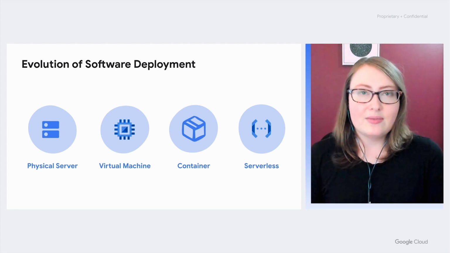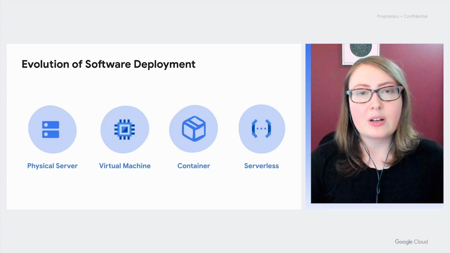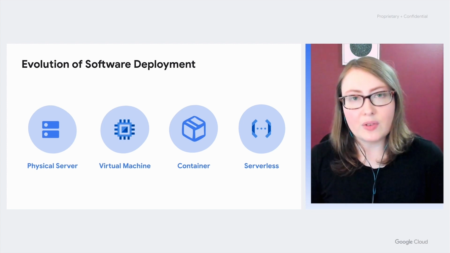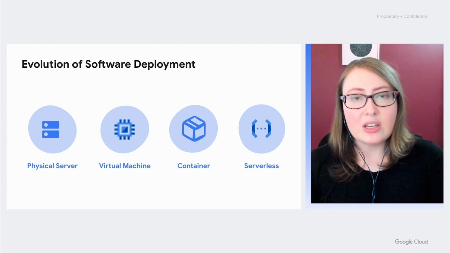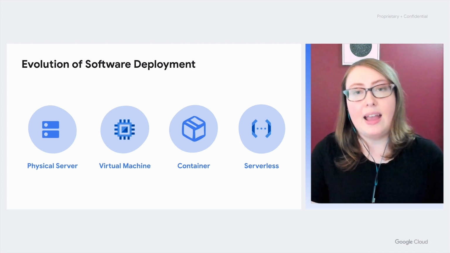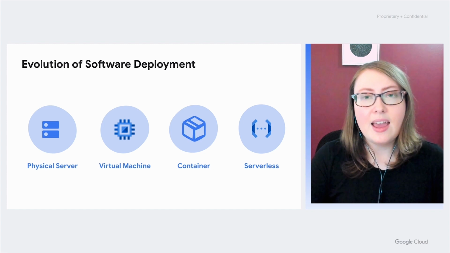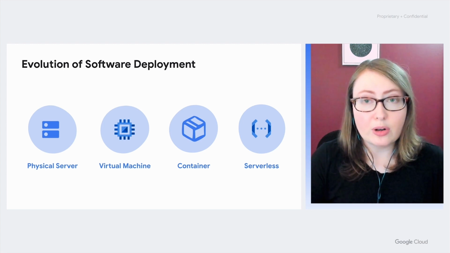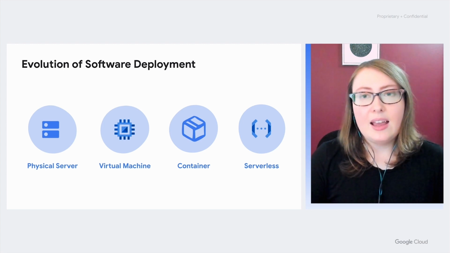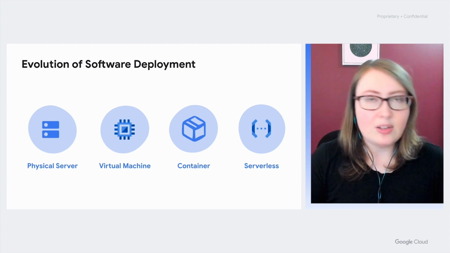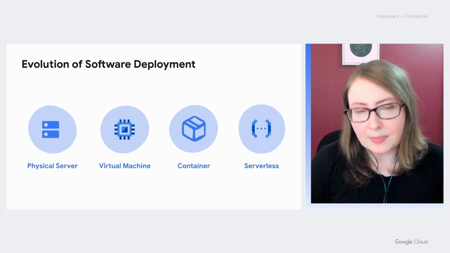And then as virtualization started to become more popular, VMs or virtual machines enabled more efficient use of the actual machines. It also allowed for things like multi-tenancy and more third-party infrastructure, as well as better workload isolation and dependency management, which is related.